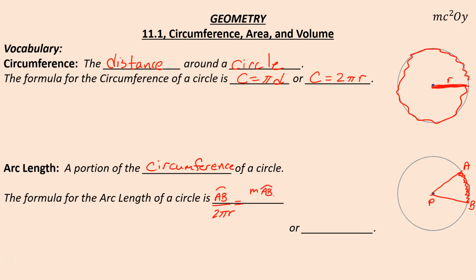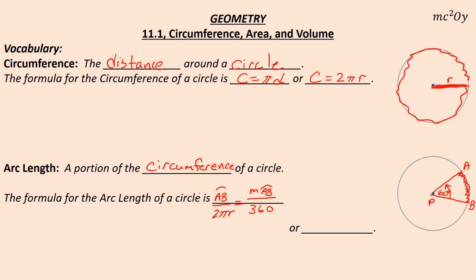So let's say I were to call this measure right here, say 60 degrees. That measure is to 360. So let me explain what's happening here. You're saying the length of this arc is to the entire length of the circle, as the measure of this arc is to the entire measure of the circle.